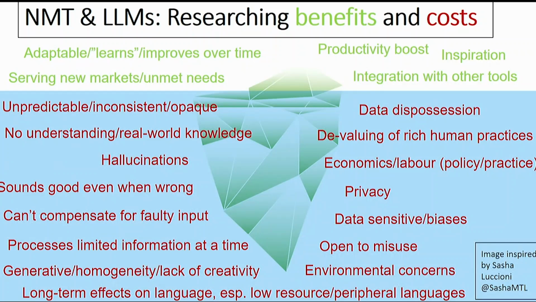So tons of scope for research, and these are just the newest technologies, right? The large language models and the neural machine translation. And who knows what's coming down the pipe, but we also still have quite prevalent use of CAT tools, like translation memories and terminology extraction tools. And so how can those existing tools be integrated with, or will they be superseded by, or are they better than some of these new tools?